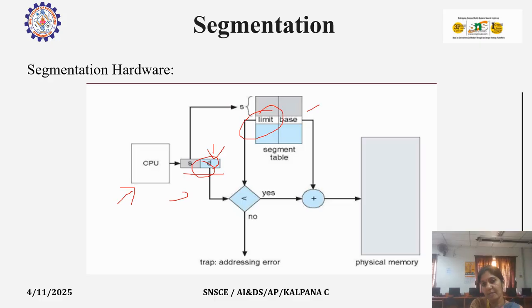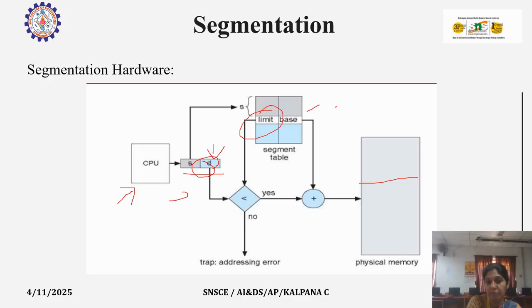Let's say the base address is 2000. Then 2000 plus 500 gives 2500. We map that to physical memory address 2500, reach it in the main memory, and get that particular data.